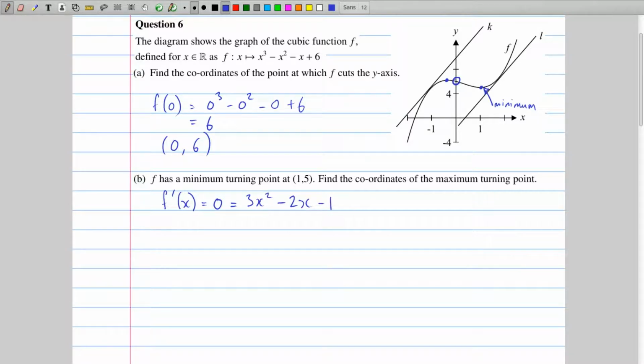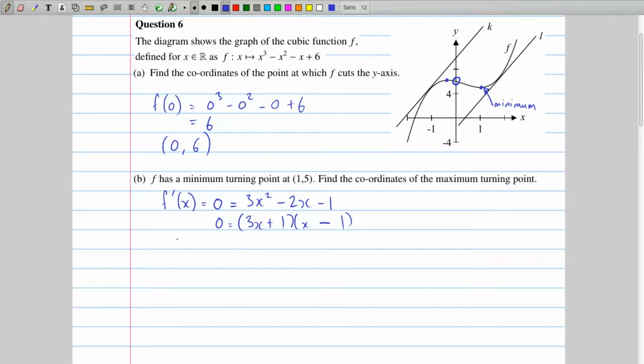So we now have a quadratic equation, and if we solve this, we'll hopefully get the x-coordinates of the turning points. So you get 0 equals, let's say we're going to have (3x + 1)(x - 1). We need this to be minus 1 to make the minus 3, and this has to be a plus 1.